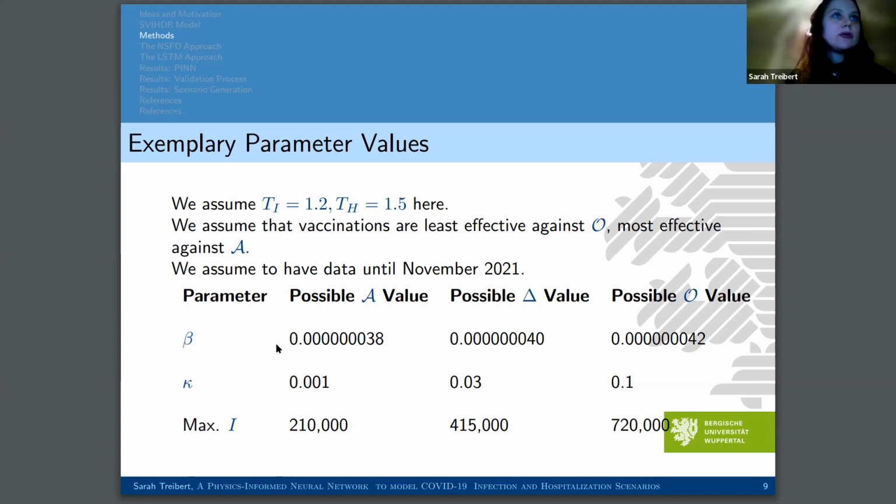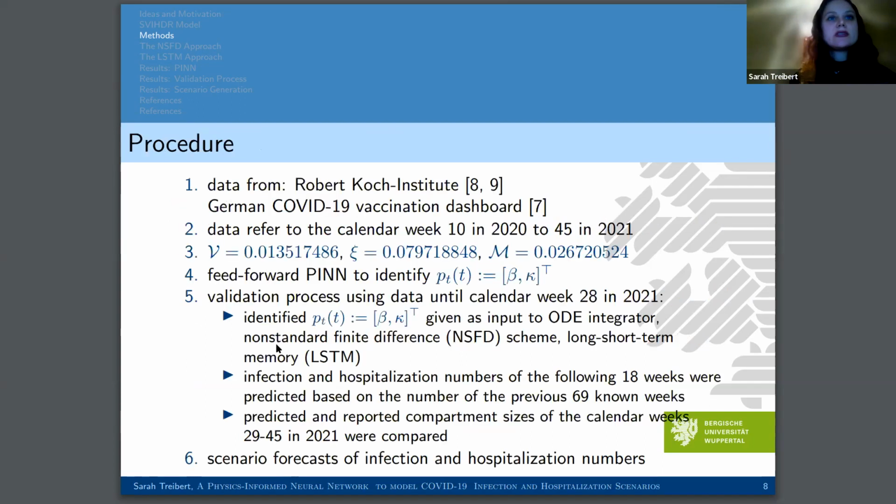We computed them from data. For example, the vaccination rate or the proportion of people who get hospitalized or die can be found in data, but beta and kappa could not be found in the data, which is why we selected them to be identified with help of the PINN.